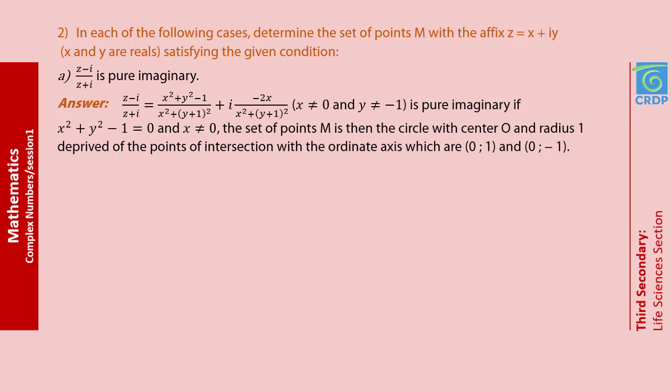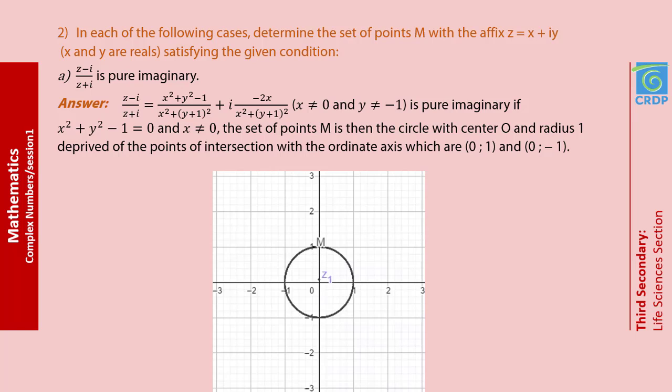Now we will observe the motion of the point M satisfying the condition that z minus I over z plus I is a pure imaginary. Watch as z1 moves on the x-axis, then M moves on the circle of center O and of radius 1.